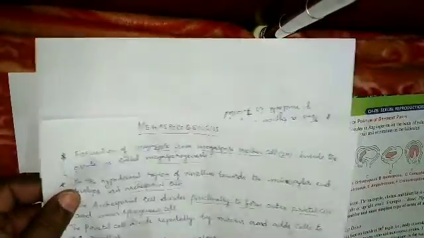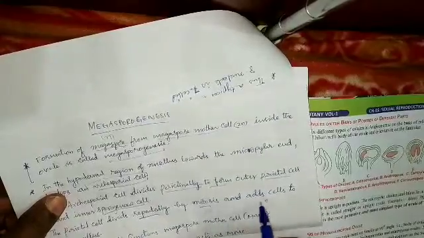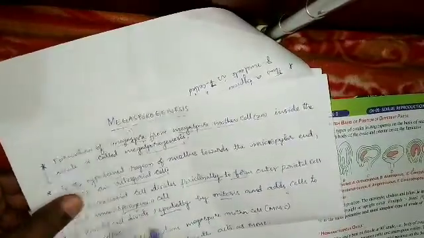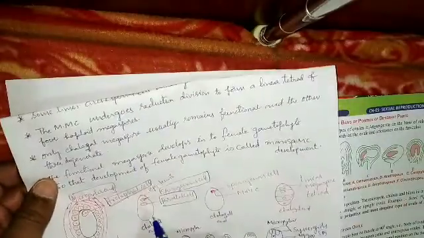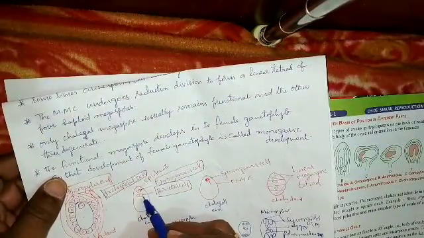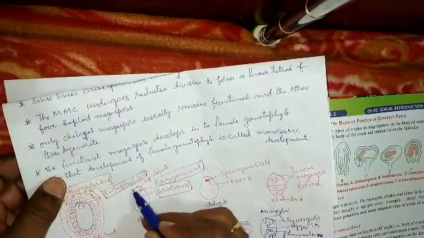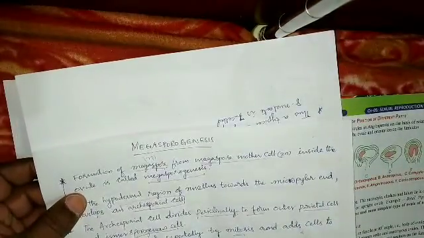Then the parietal cell divides repeatedly by mitosis and forms tissue, adding cells around the nucellus. That is the function of the parietal cell.